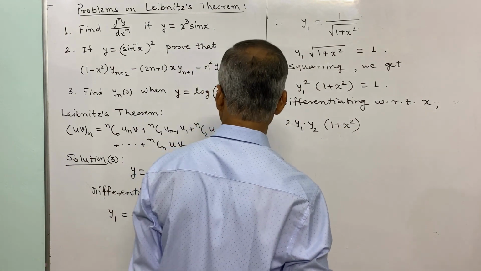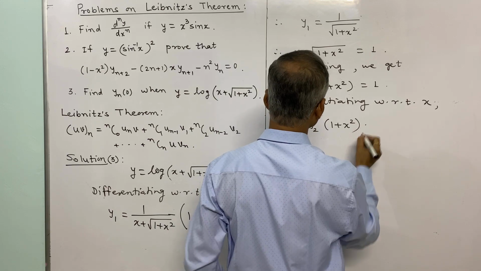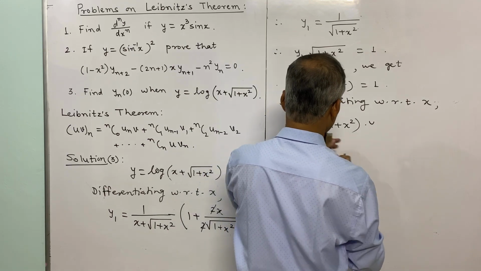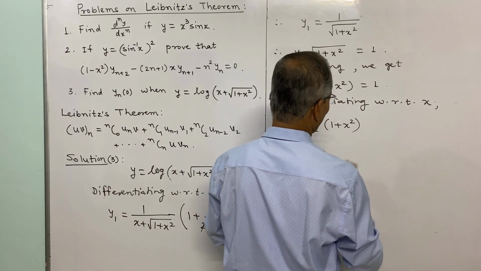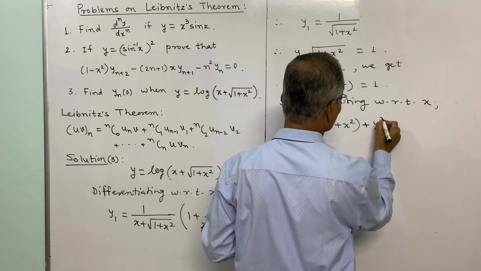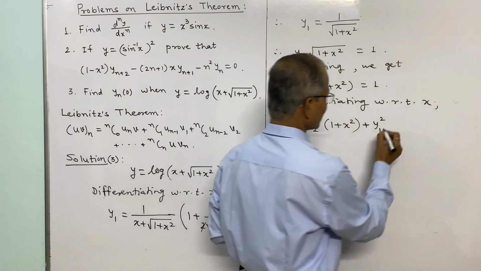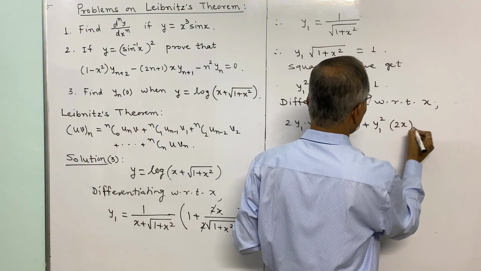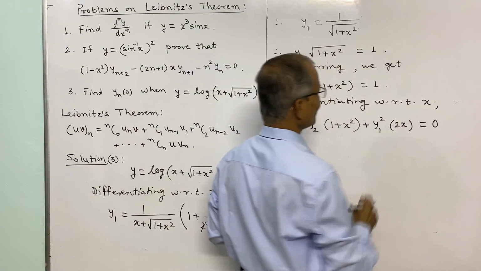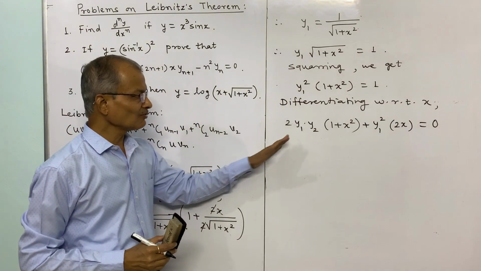And further, plus the next term in the product rule, y1 square as it is, and the derivative of 1 plus x square. The derivative of 1 plus x square is 2x, and on the right side, the derivative of 1 is 0. So this is what we obtain.